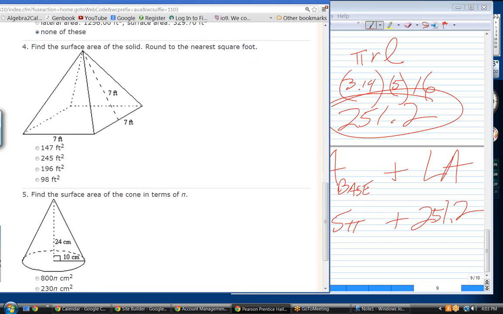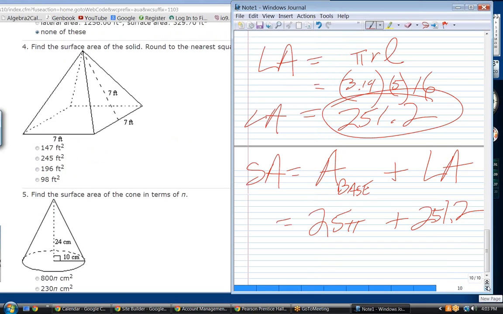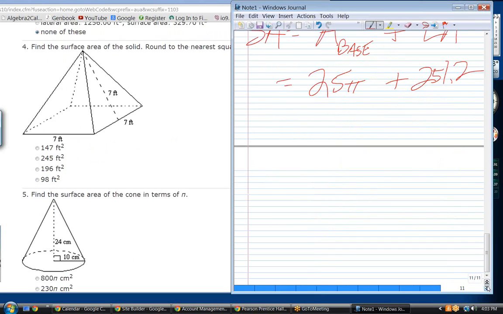Okay. Surface area of this one. Let's do this in 2 parts also. Even though they didn't ask for it, let's do the lateral area. What's the lateral area equal to? Pi r times the... No, there's no circles.